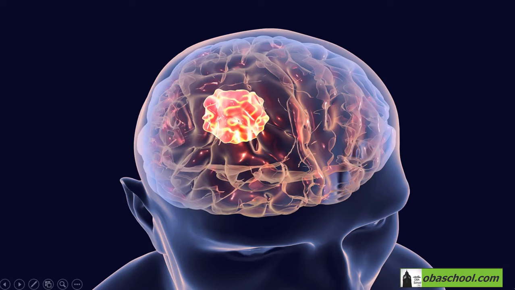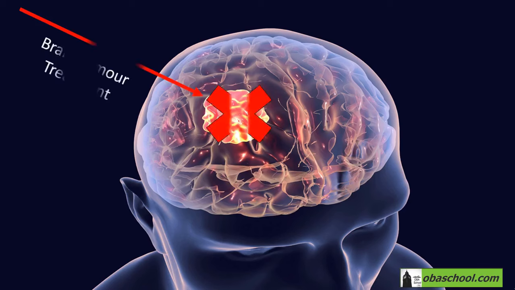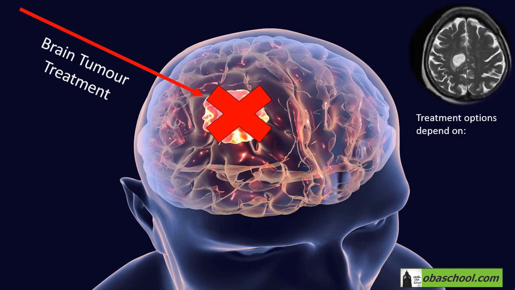Therefore, after we have studied the formation of brain tumor and its types and grades, we can now reveal how the treatment process takes place. Accordingly, treating brain tumor depends on 3 main factors: the size of the tumor, the grade of the tumor, if it's 1, 2, 3, or 4, and the type of tumor, if it's benign or malignant.